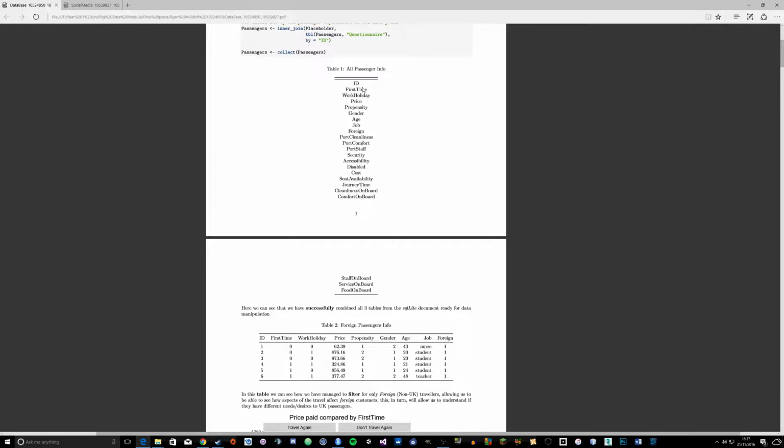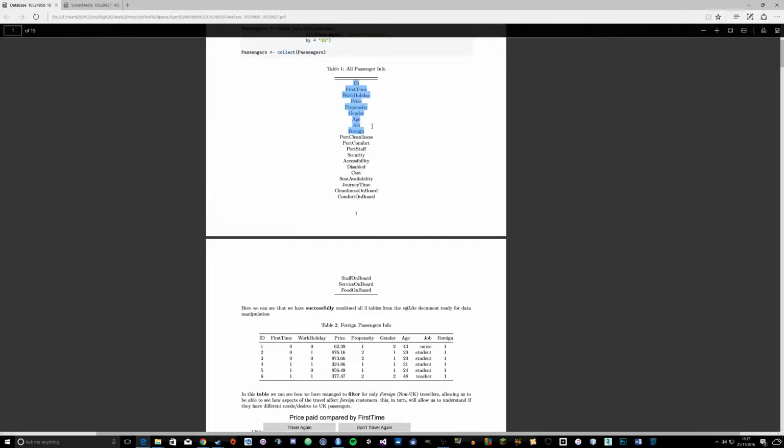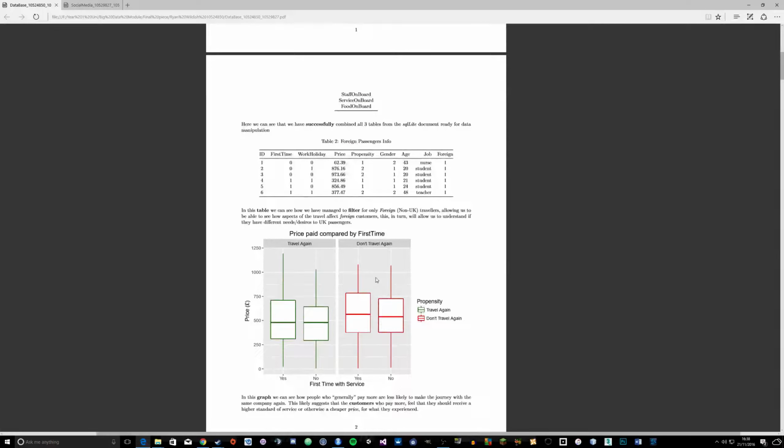I can't remember exactly which ones were in each database, but I believe it was about that in the first one, these in the second one, and the rest in the last one. We'll see, I believe, as we go further on.